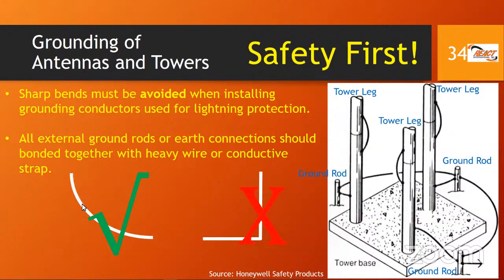The connections are nice and smooth and rounded like this. We have no connection that looks like this. No, that's too sharp. For lightning protection, you want it to be nice and smooth. So we say here that sharp bends must be avoided when installing grounding conductors used for lightning protection. And you're seeing it here, nice and smooth, no sharp bends.